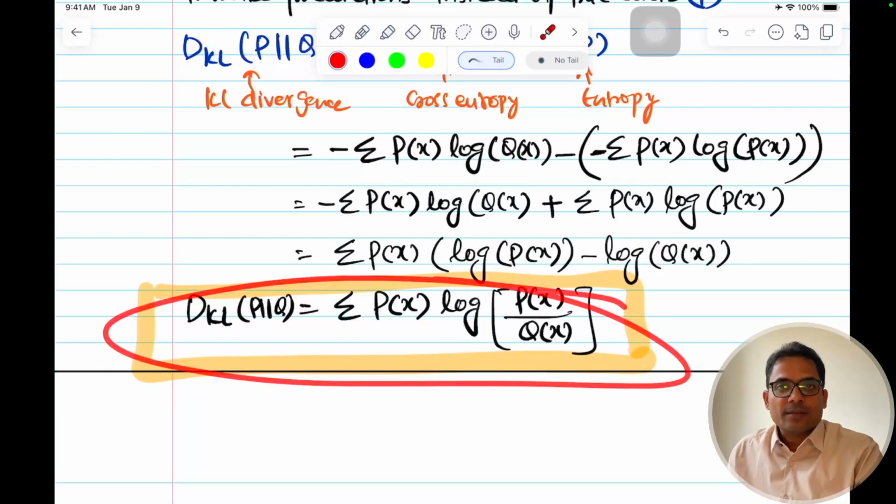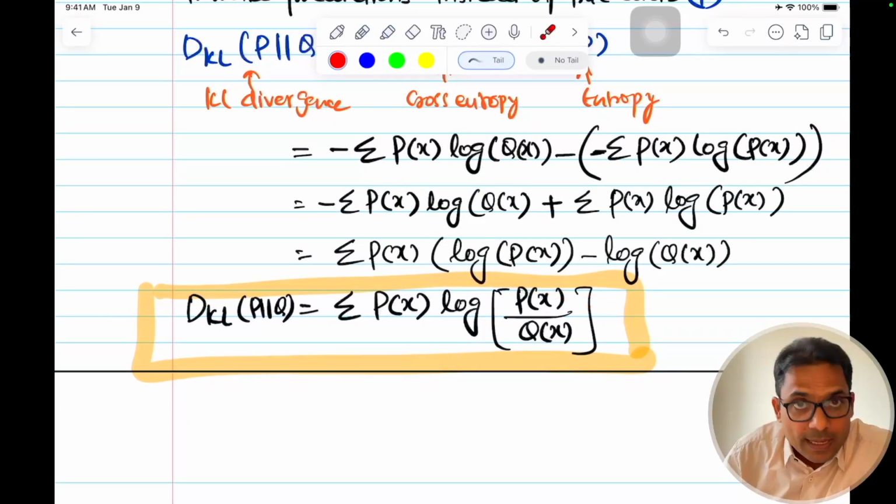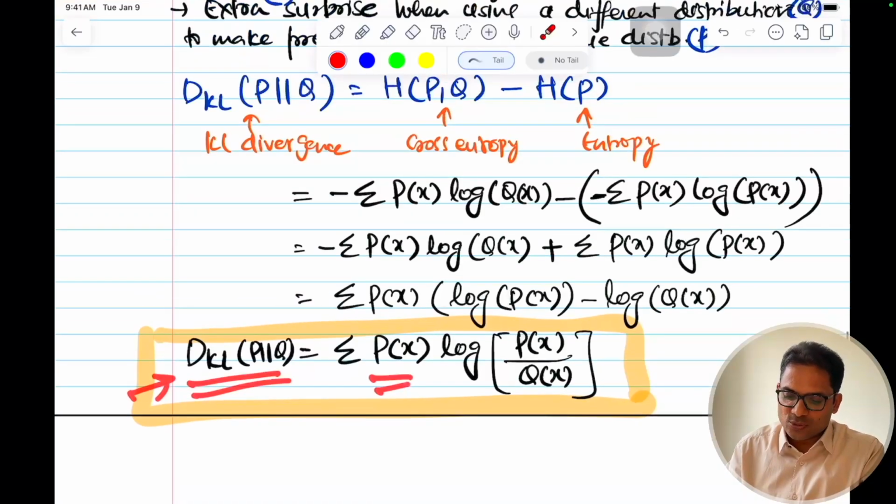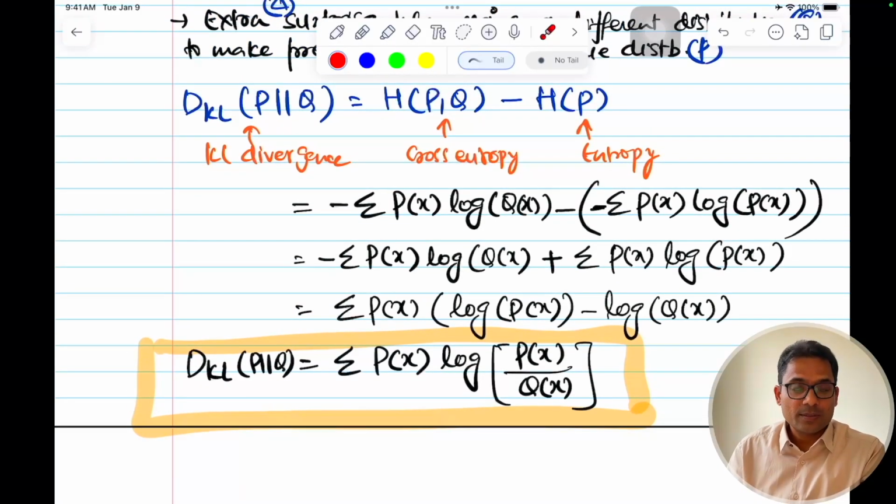I hope the derivation is clear, and the actual meaning behind what we do. Many of you will know this formula, but this is the actual understanding based on entropy. It's the difference between the cross entropy and the actual entropy of the distribution. Cross entropy is when we measure a distribution using another distribution. That's the measured surprise.